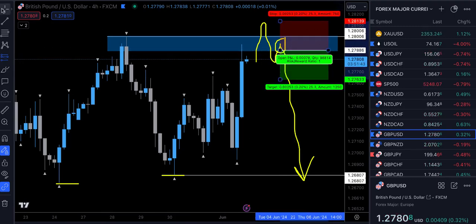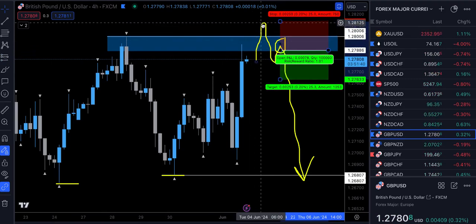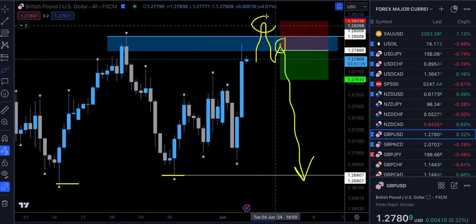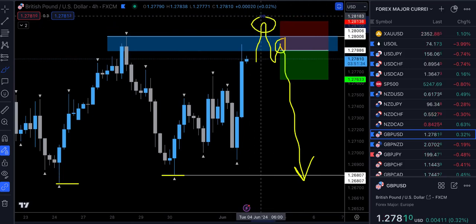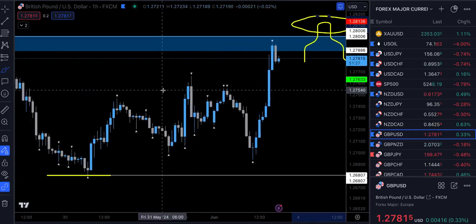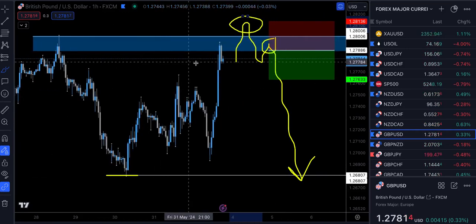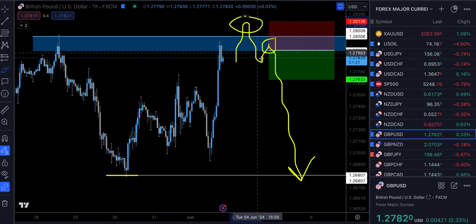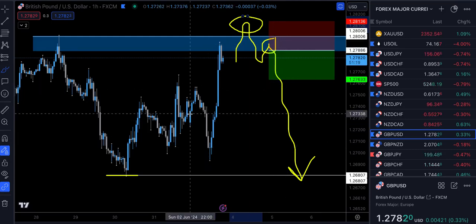So, something like this on GU. As I said, we need to see the deviation first. We need to watch price as we break above this level and really see how price reacts from there. But your setup would look something like this on GU. This is the hourly perspective. You want to see clear manipulation above the highs, deviation back below, reclaim, and then you're back short and down.